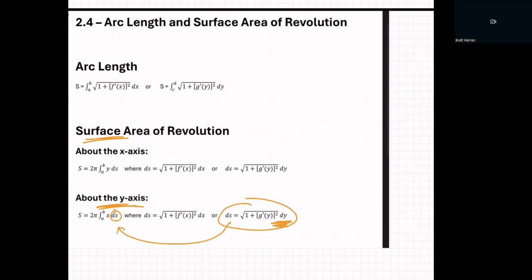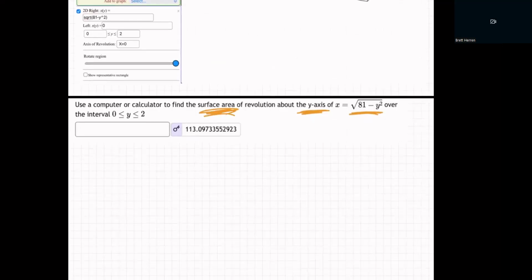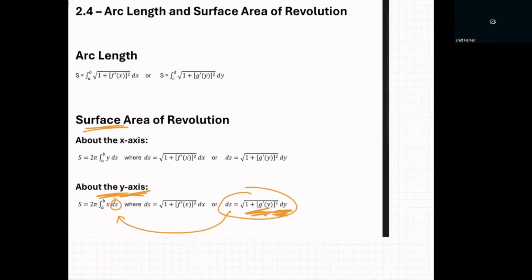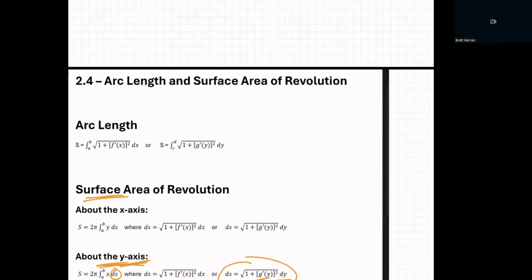Why? Because that's got the dy, that's got all the stuff in terms of y. See how I nailed down which one in particular we need? So again, it's surface area, it's y-axis, and it's functions in y. So y-axis, and then this one, not that one, because that's dx, this is dy. Okay, so there's the formula we need.